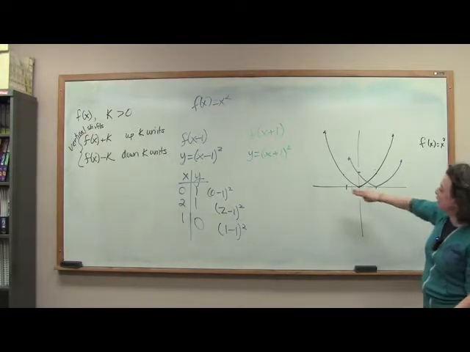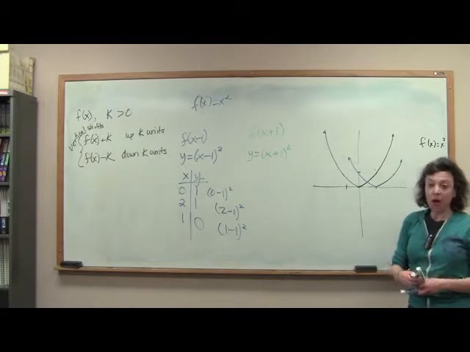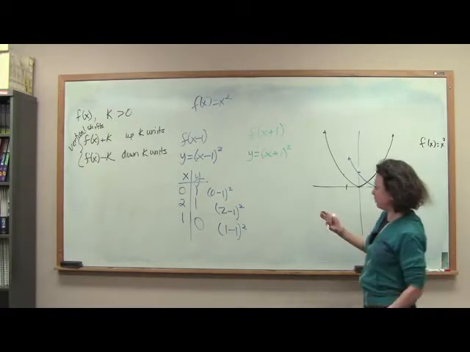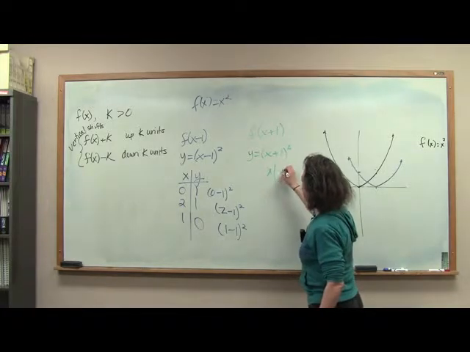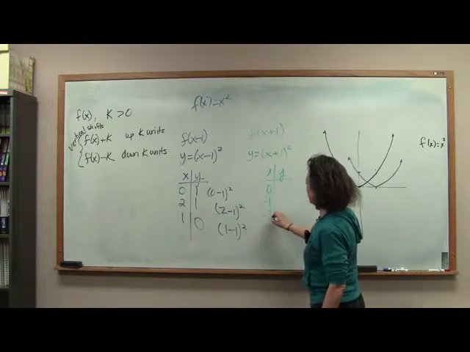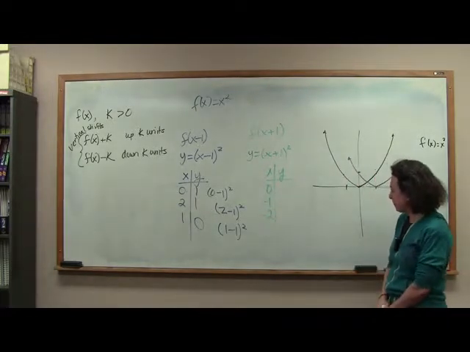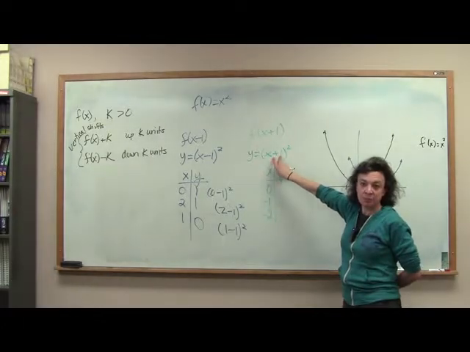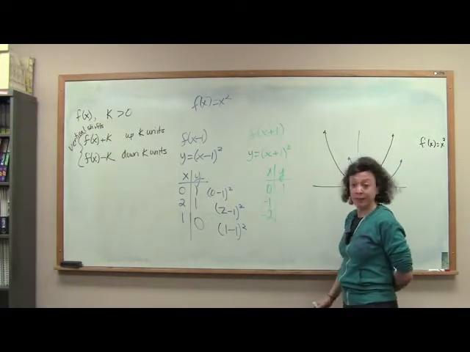Okay? So, hopefully you're all thinking, oh, when you add within, you move it to the left one. And we can verify that, in fact, that is the case. Let's just plug in 0, negative 1, and negative 2. If I plug in x equals 0, 0 plus 1 is 1, squared, we get 1.